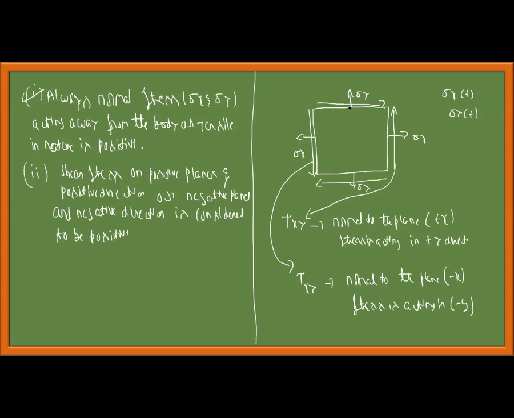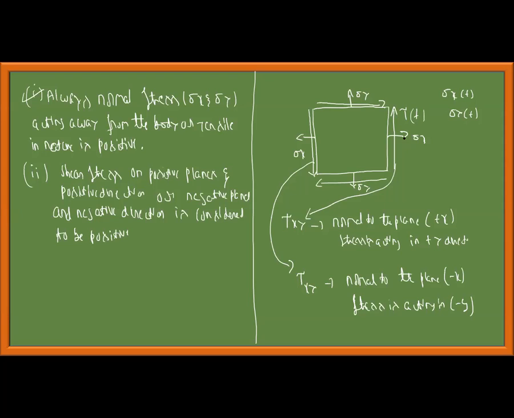Similarly, tau yx, normal to the plane is in the y direction, stress is acting in x direction. This is positive. Normal to the plane is in negative y direction, stress is acting in negative x direction. That is also positive. Generally, if the arrow on a face whose normal is in x direction is pointing upwards, this is the positive shear stress condition.